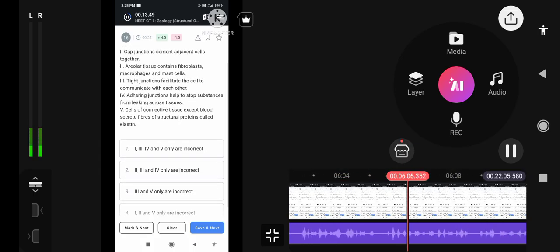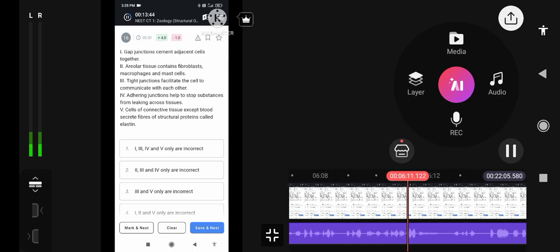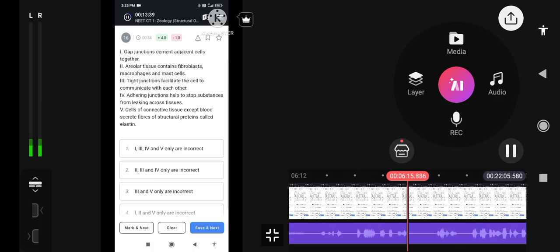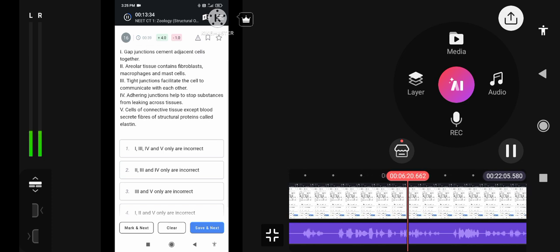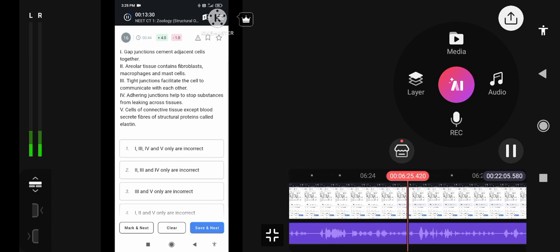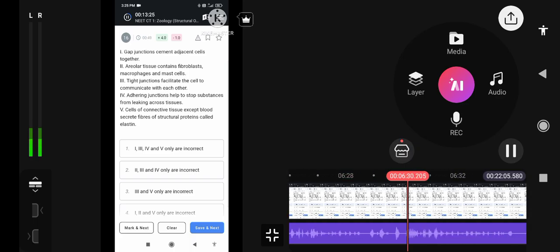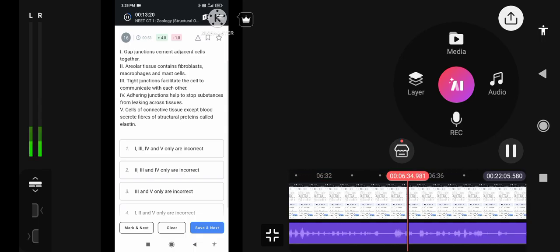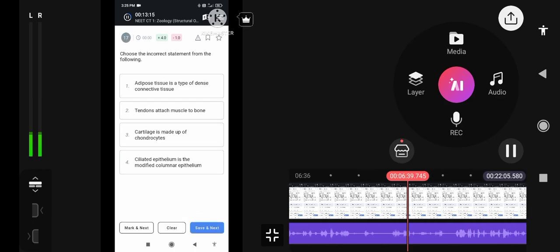Third: tight junction facilitates the cell to communicate with each other. No, this is done by gap junction. So third is incorrect also. So the first is my answer. Going to the next.